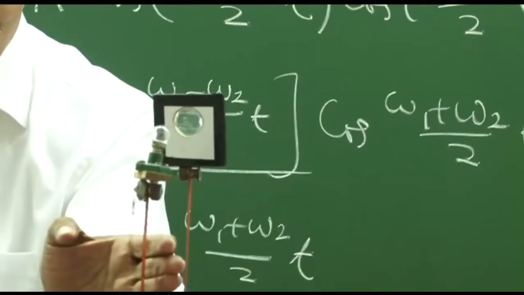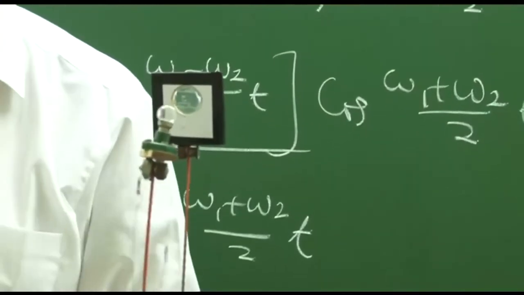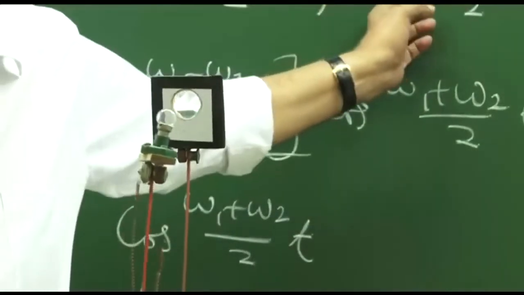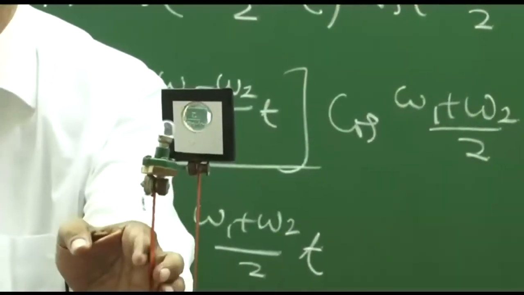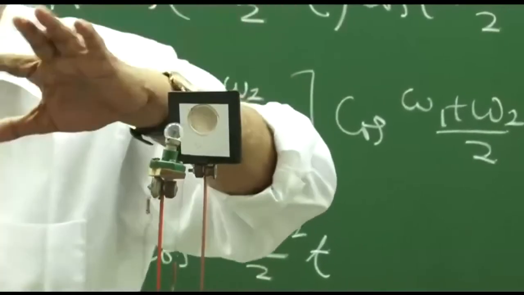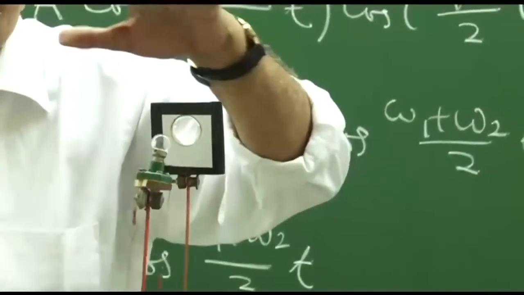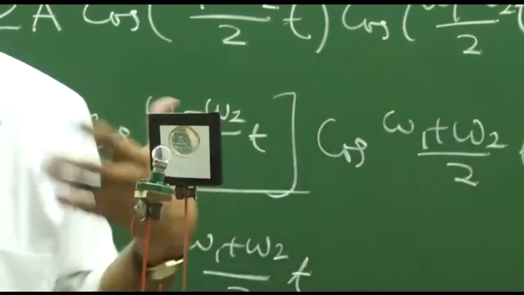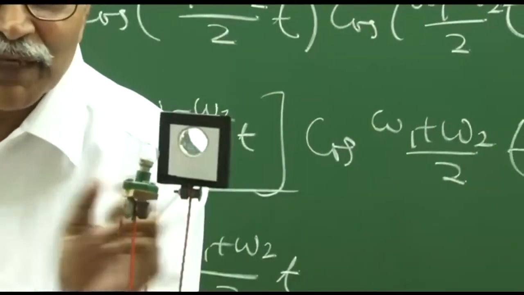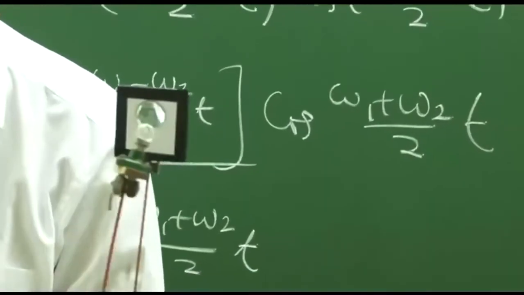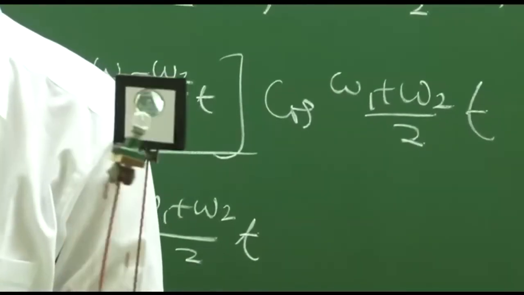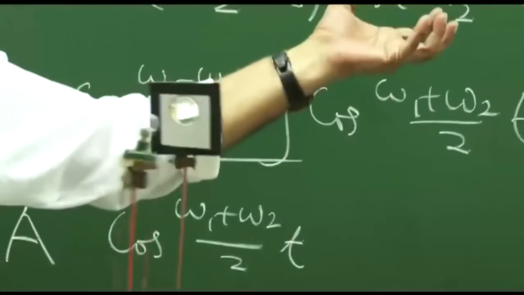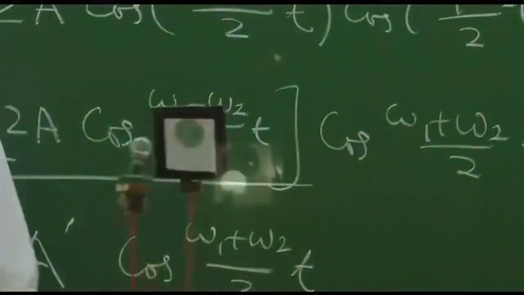Whereas, if I oscillate this bulb, then also the image will oscillate, but this time it will have the frequency of the bulb oscillations, and if I oscillate both of them together, then this image will get oscillations which will have the frequency of this lens vibration as well as the frequency of this bulb vibration, and then you will enjoy how the amplitude of that image oscillation changes with time.